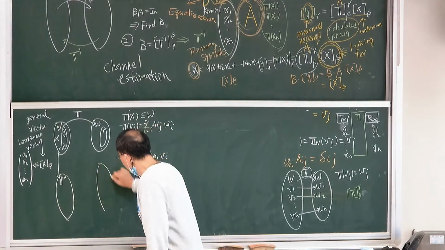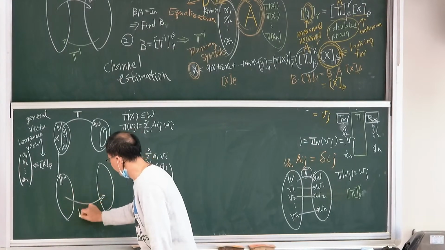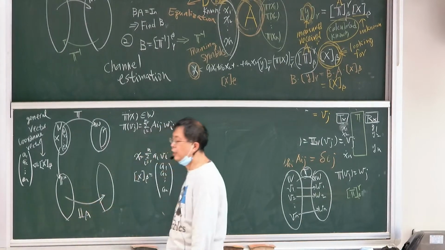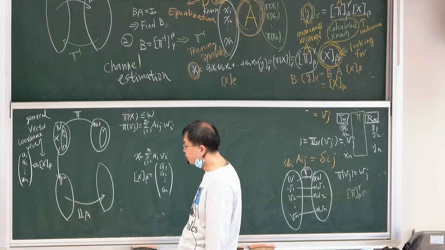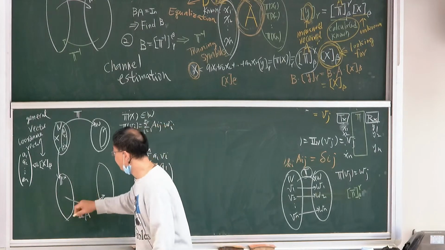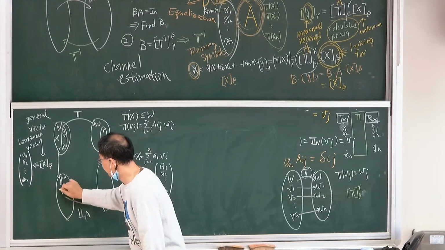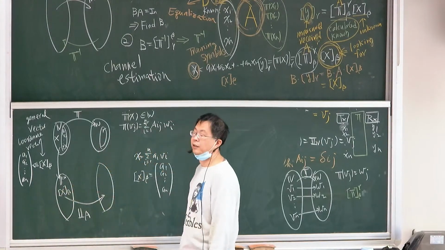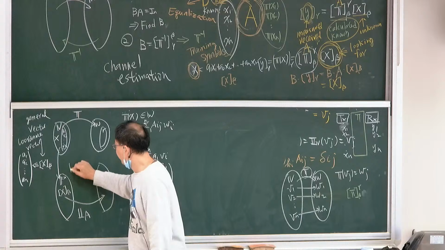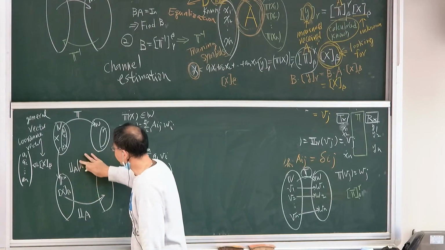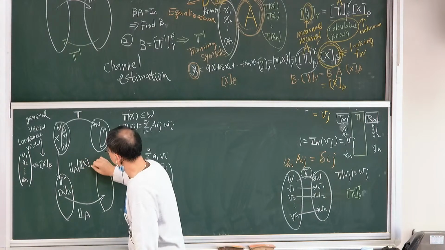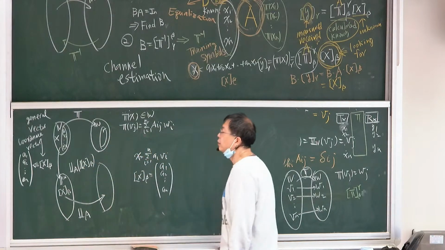Then we transform it by using the left multiplication transformation L_A. Because x is now a coordinate vector, we have L_A x.